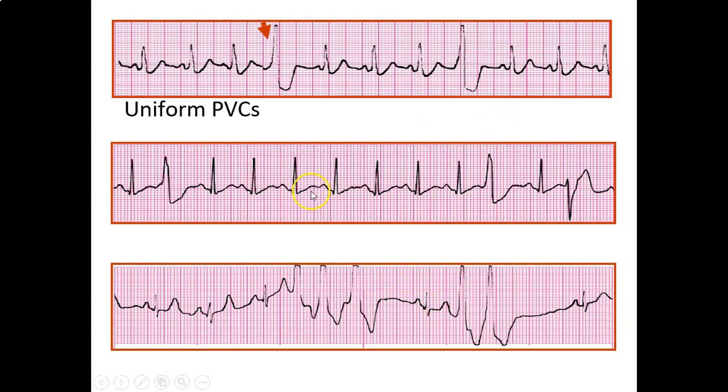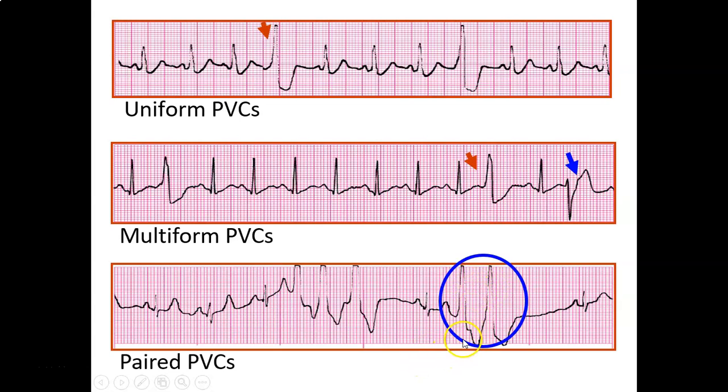If you get two or more different shapes of the PVCs, it's called multiform PVCs. If you get two PVCs together, it's called paired PVCs. If you get three or more PVCs together, this may be ventricular tachycardia.